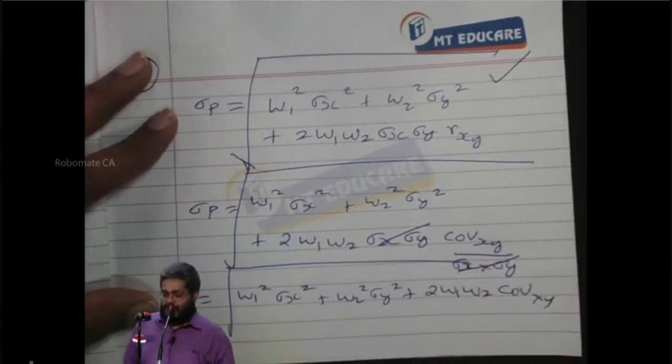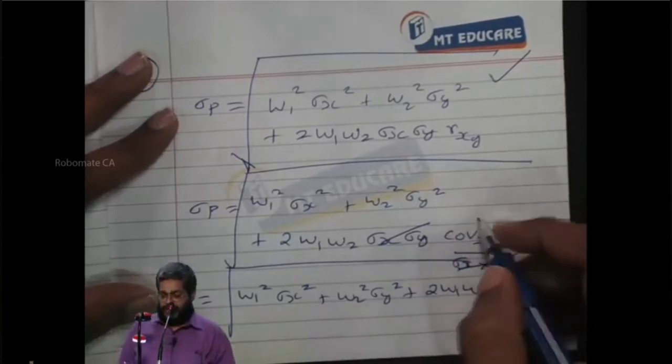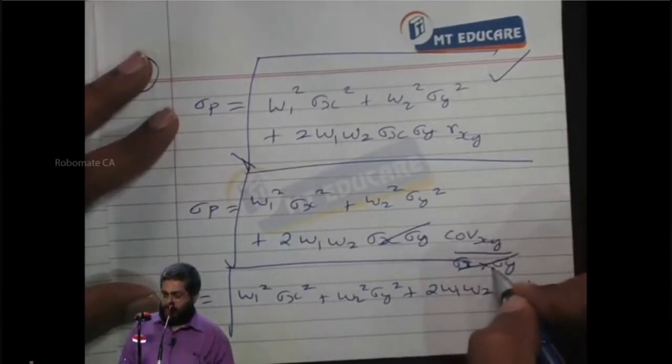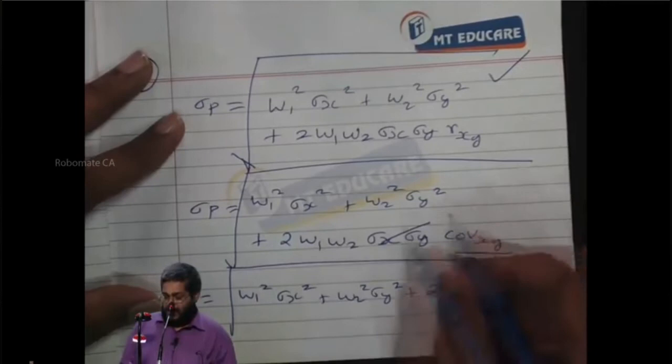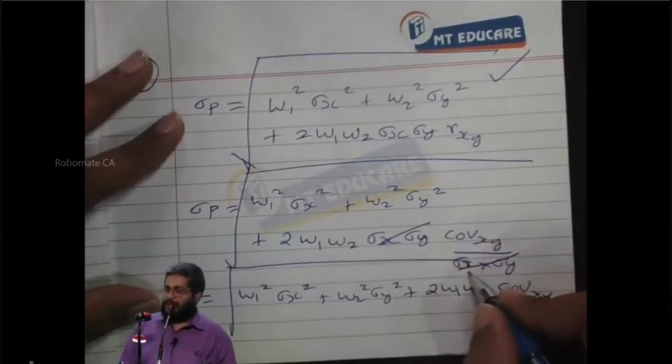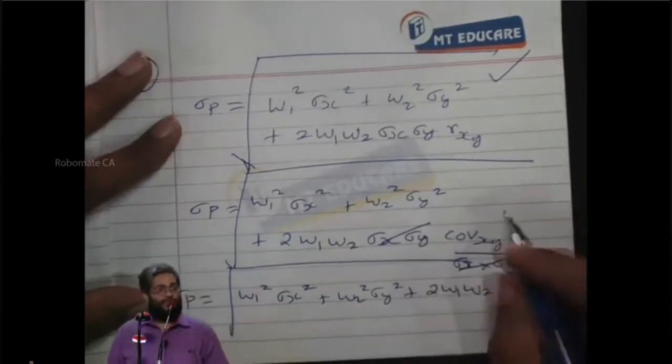So what is it? Replace the correlation by the formula, covariance of x and y divided by sigma x into sigma y. Respond yes or no. Cancel the sigma x and sigma y.